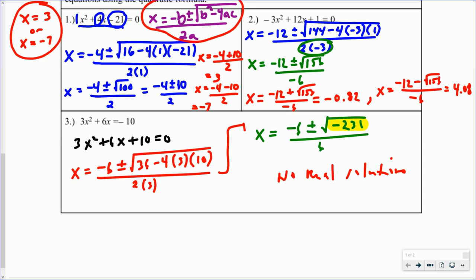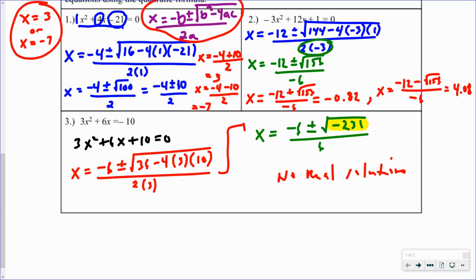However, there are numbers called imaginary numbers that help us solve problems like this. Instead of us having to write no real solutions, there's a way that we can express that solution set. That's not something that you're really going to learn about probably until you get into Algebra 2. But for now, if you encounter a problem where you get the square root of a negative number, you're going to write no solutions.